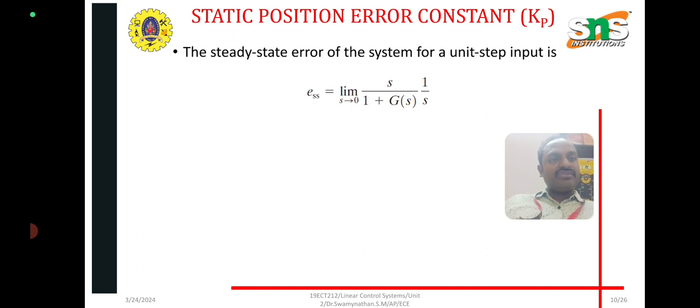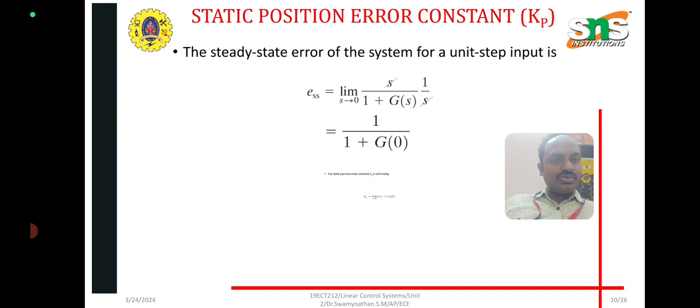The steady state error for the unit step input is the limit as S tends to 0 of S divided by 1 plus G of S, into 1 by S. The S cancels, so you get 1 divided by 1 plus G of 0, substituting S equal to 0.